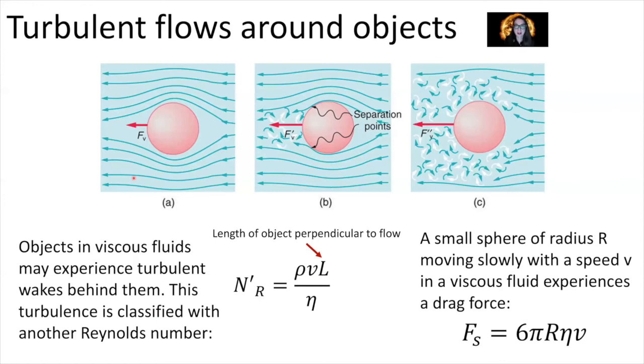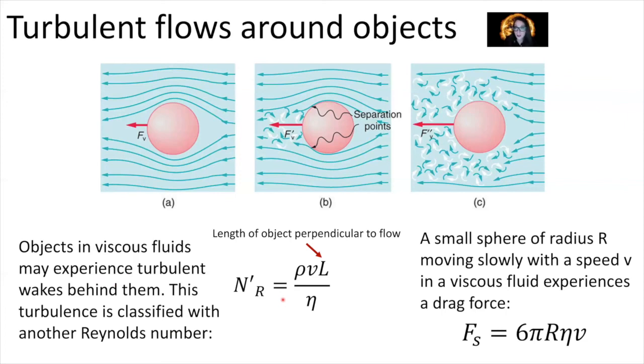Before, we were only thinking about turbulence inside a tube. Now let's think about turbulence that you can form around an object that's moving through a fluid. Objects in viscous fluids will experience turbulent wakes behind them. And this turbulence is classified by another formulation of the Reynolds number. So there are different scenarios where you can have different Reynolds numbers.